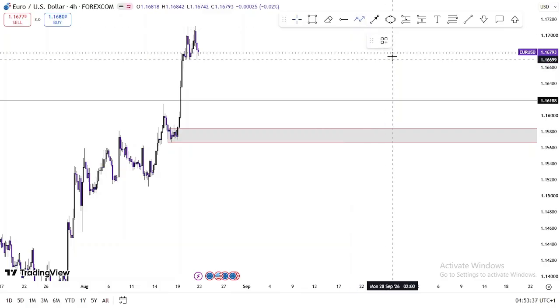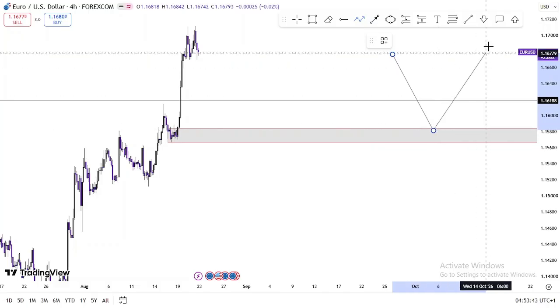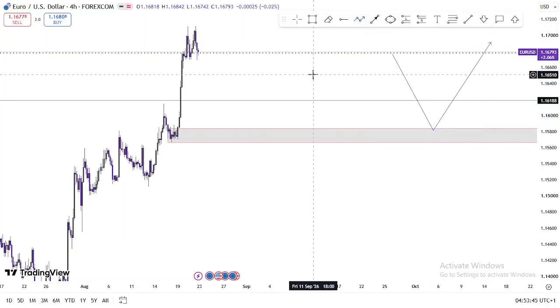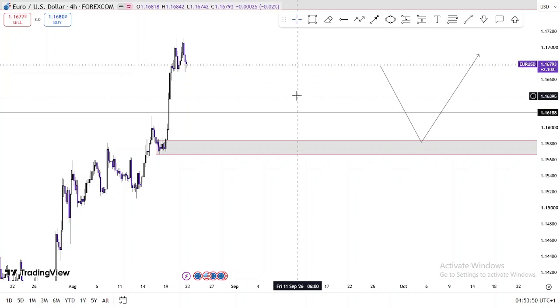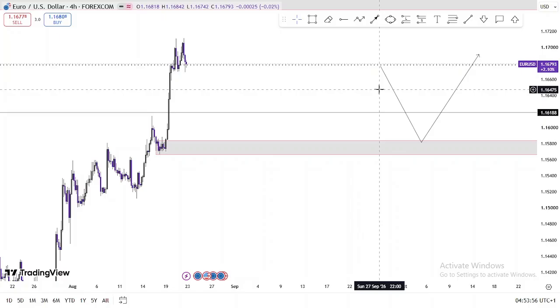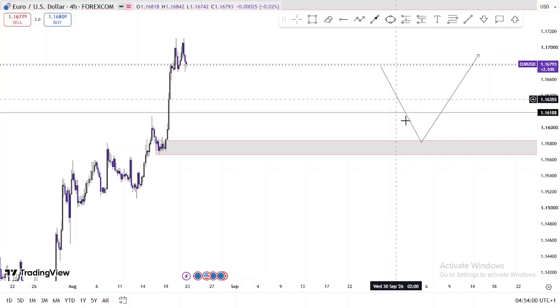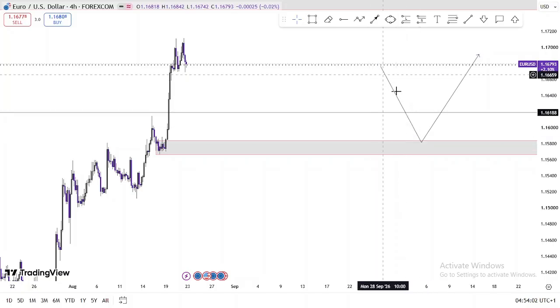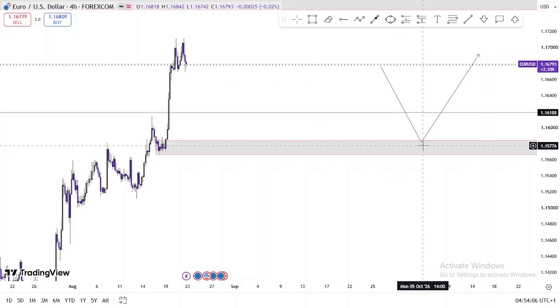You might see price pull back to here before continuing back up, or pull back deep into this area before continuing back up. I am using a single arrow because I don't want to put too much information on the chart, but I know what I am looking for, and the idea is either a little pullback or a pullback down here. This pullback signifies both the little one and if it would come back here too.